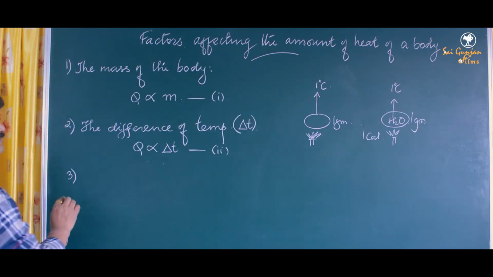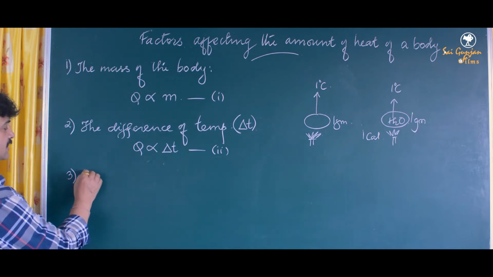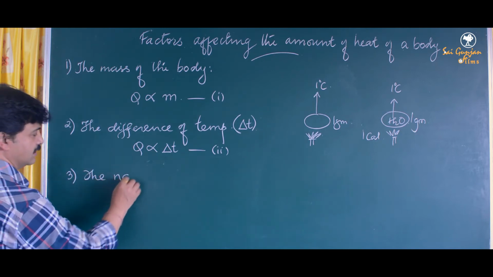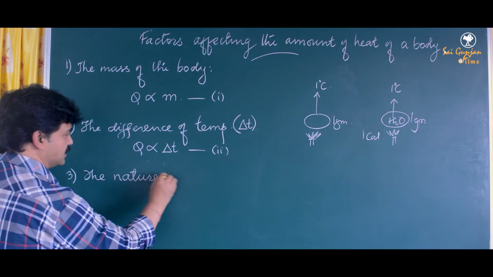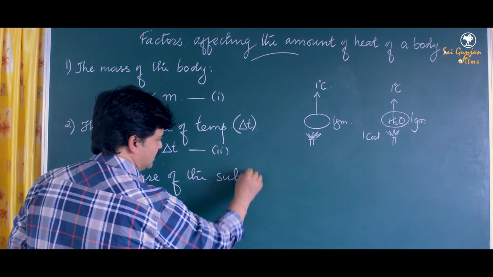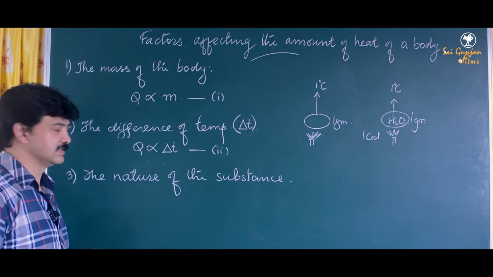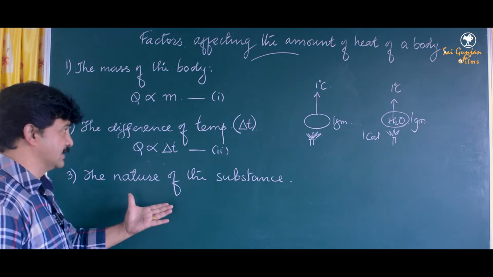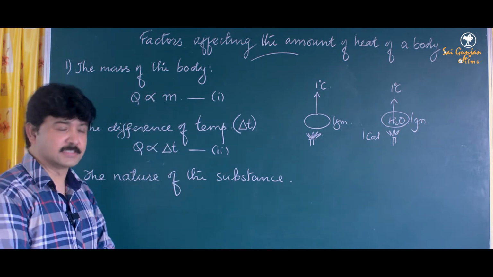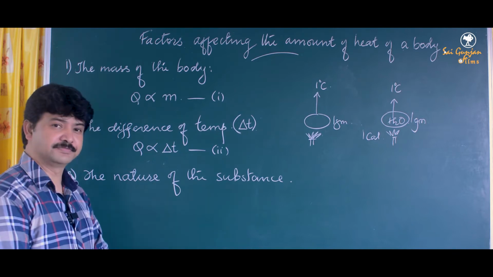So the third factor on which the amount of heat of a body depends is the nature of the substance. All right, so this is it. So these are the 3 factors on which the amount of heat contained in a body depends.